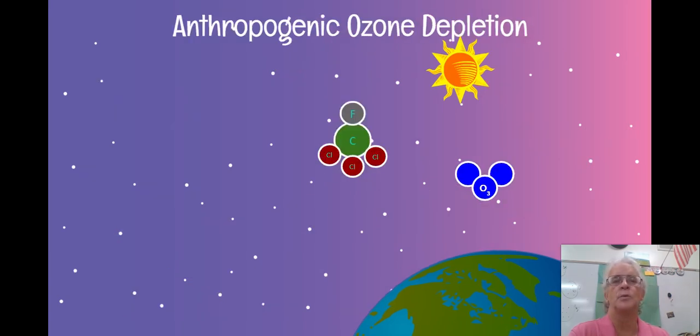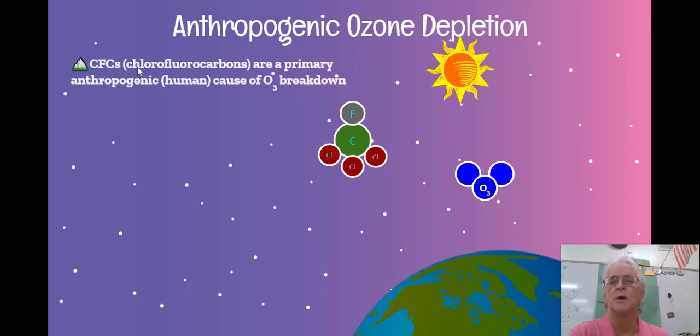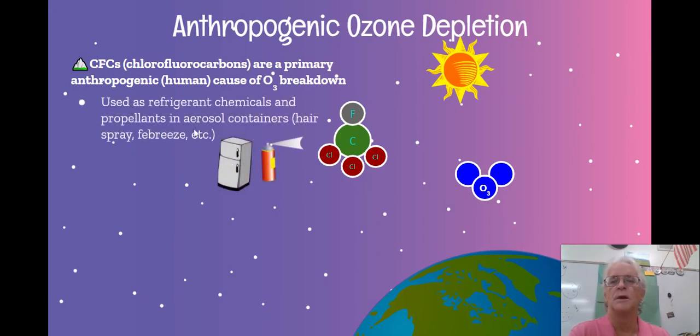And what we have done, the man-made ozone depletion: CFCs, chlorofluorocarbons, are a primary human cause of ozone breakdown. They were first discovered and used in making refrigerators and air conditioners and aerosols, such as hairspray and Febreze and stuff like that. We now use something else, fortunately.